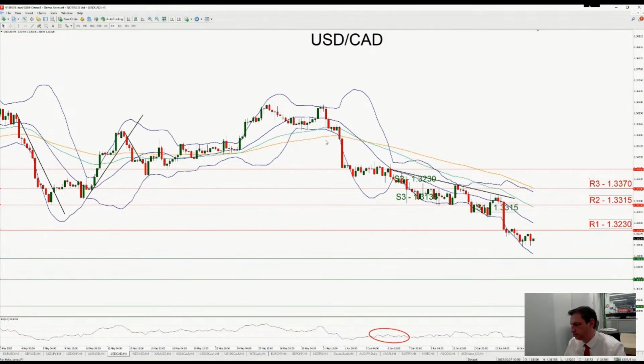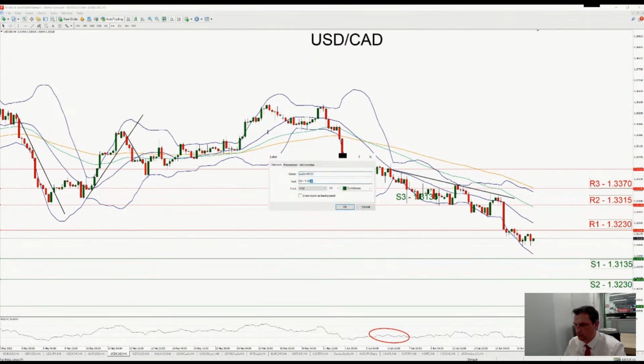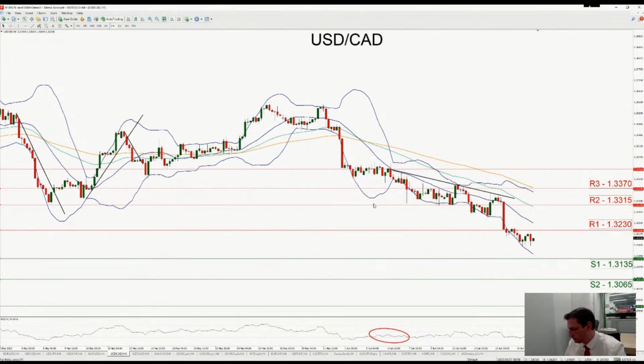The S1 way down, 1.3135. S2 1.3065. And the S3 at 1.2975.